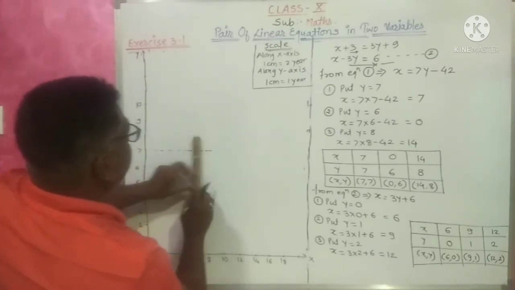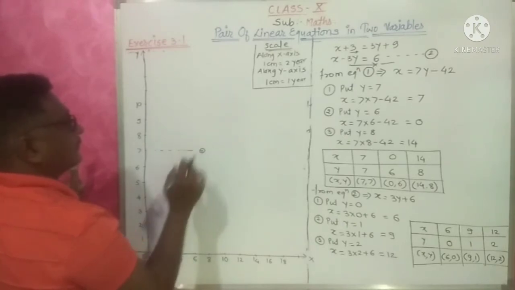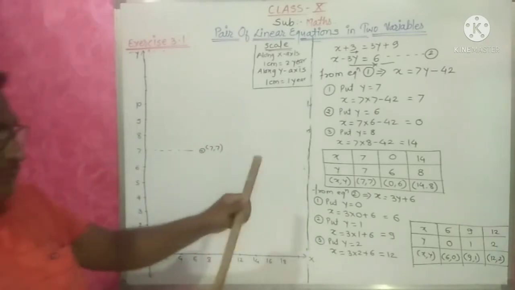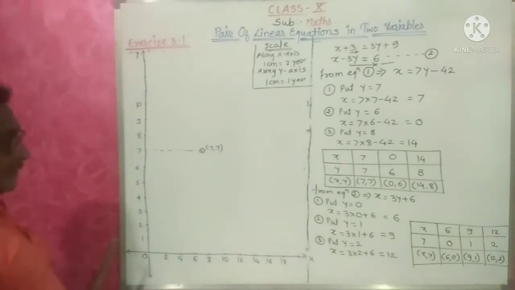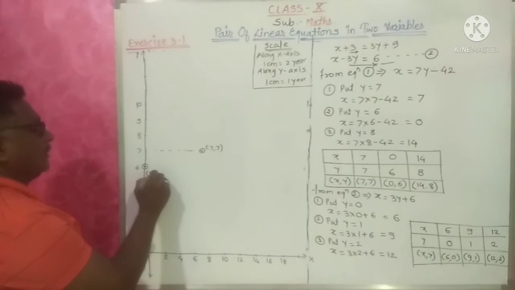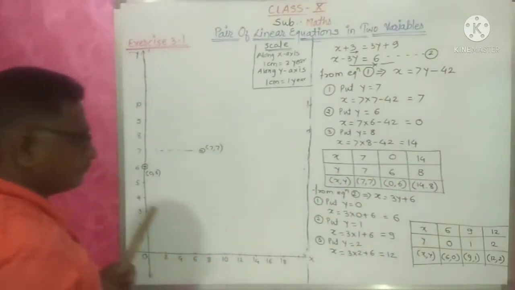So this point. So wherever the intersection comes, that point. So it is 7, 7. Now 0, 6. X-axis 0, y 6. This 0, 6. Then 14, 8.